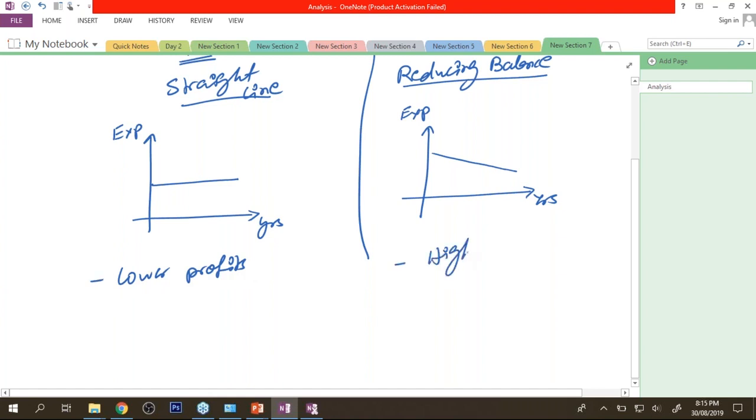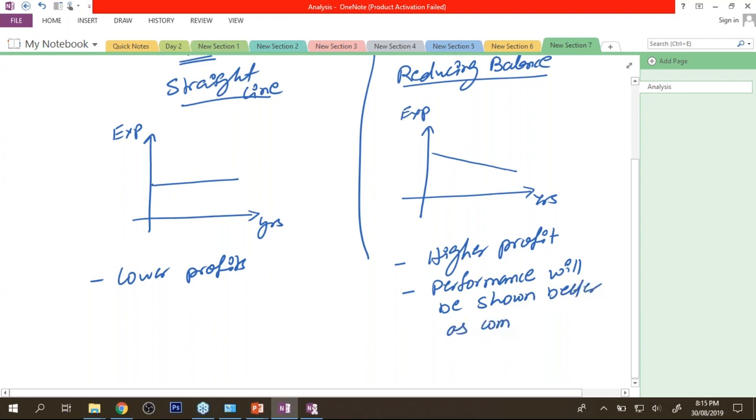We are going to get higher profits in the reducing balance method. So this means that the performance of company B is going to be shown better as compared to company A because its depreciation expense is reducing every year. So its profit will be comparatively higher.